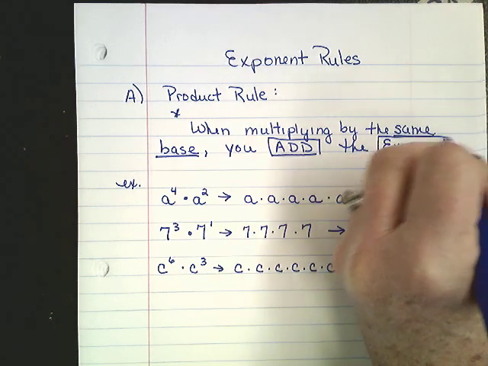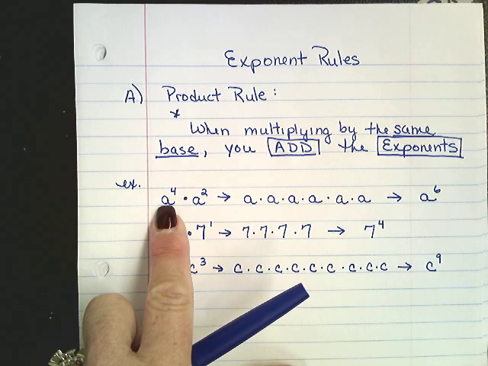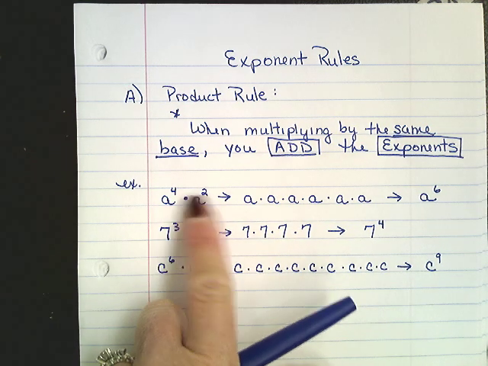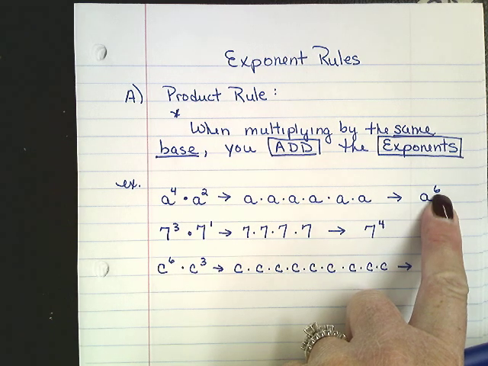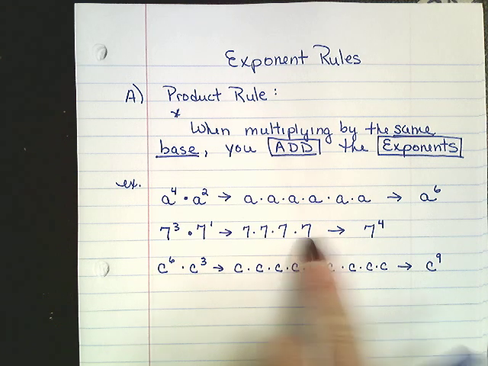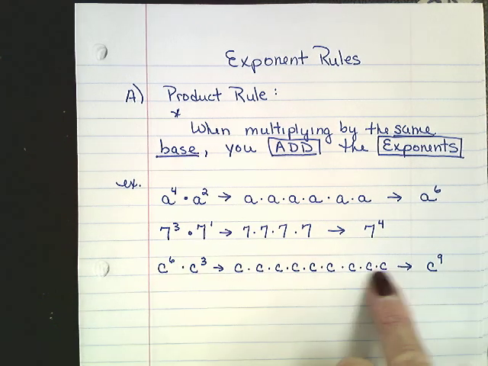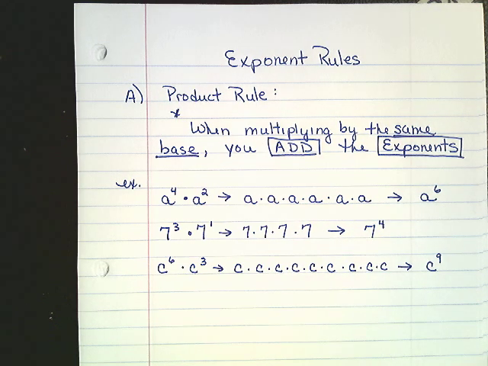Okay, but the key is it has to be the same base. Okay, so we added 4 a's and 2 a's, so 4 plus 2 would give me 6. 7, there's 3 7s here, and there's 1 here. There's 4 all together. There are 6 c's and 3 c's. Adding them all up, there are 9 c's.